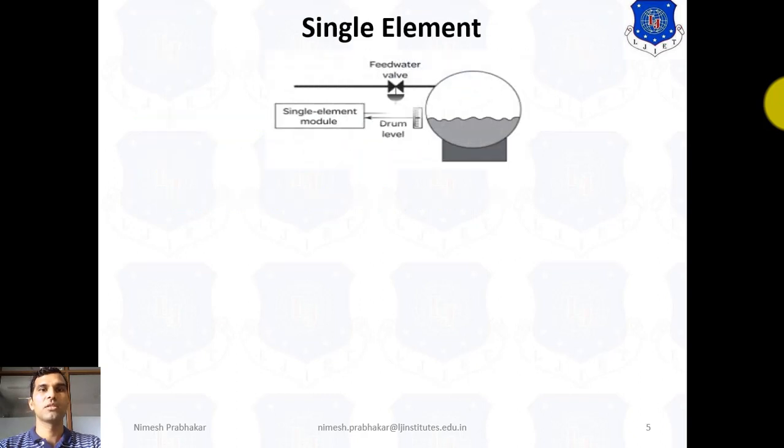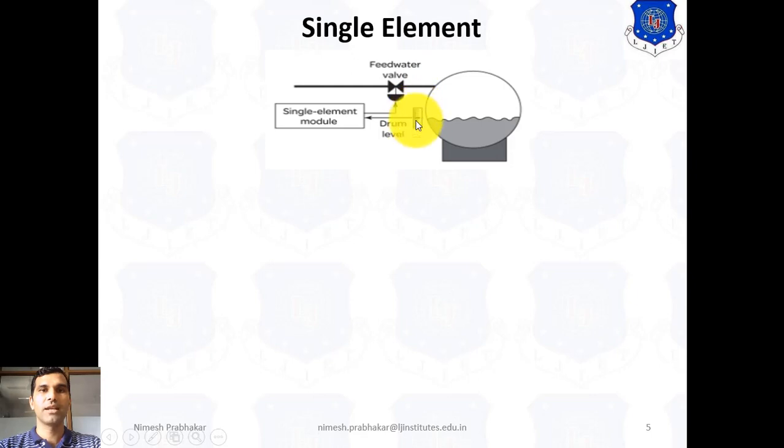This is the block diagram of the single element drum level control. Here we can see this is a controller module and it connects with the feed water valve. This line indicates the inlet water feeding system, and to control the inlet flow, we place one water valve. This is a drum level indicator.